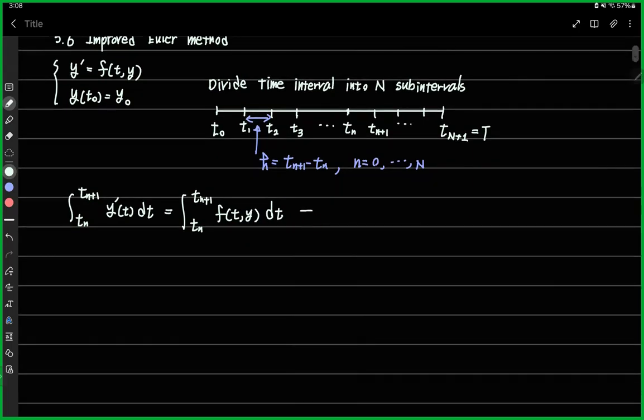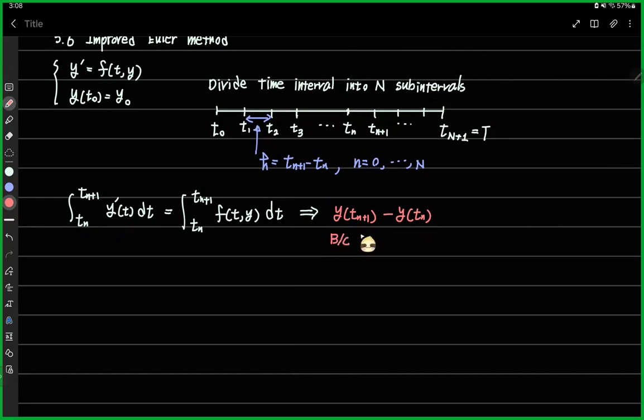Then this implies, as you can see, the left-hand side is the antiderivative of y, right? So by the fundamental theorem of calculus, FTC, we got y of t sub n plus 1 minus y of t sub n.